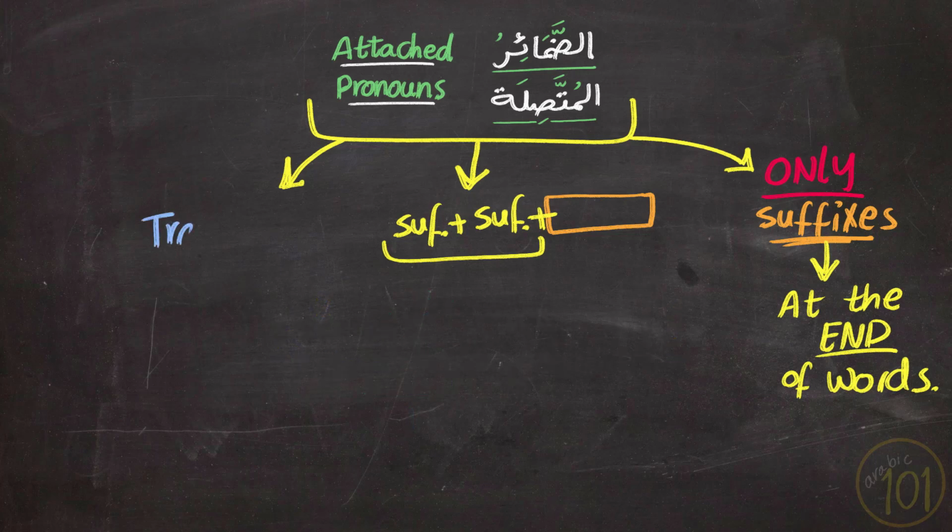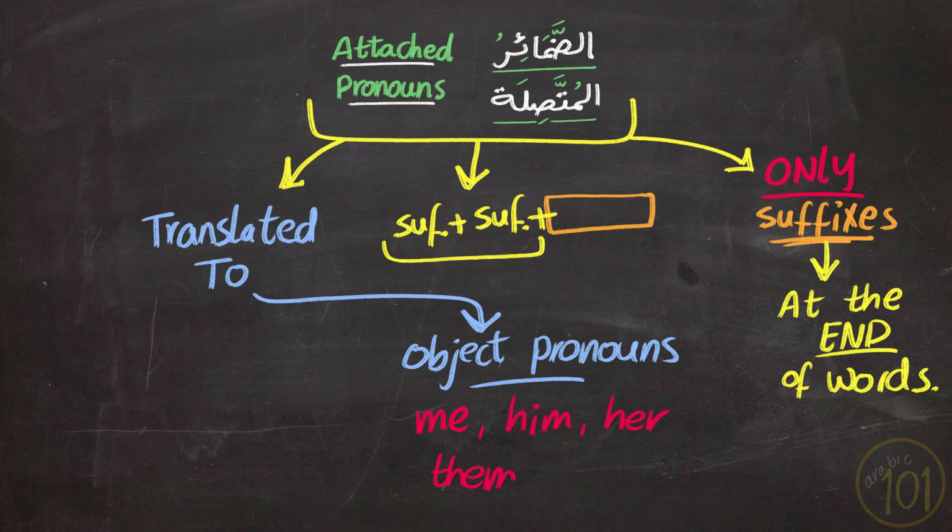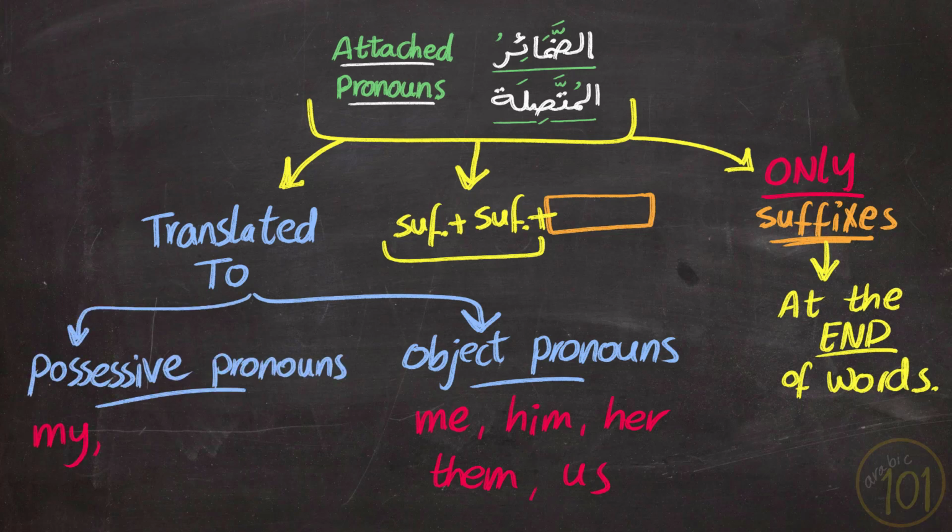Last, attached pronouns in Arabic can be translated to object pronouns in English, so like me, him, her, them, and so on, or to possessive pronouns, so like my, his, their, our, and so on. And the type of word it is attached to and the context will determine which one of the two it is.